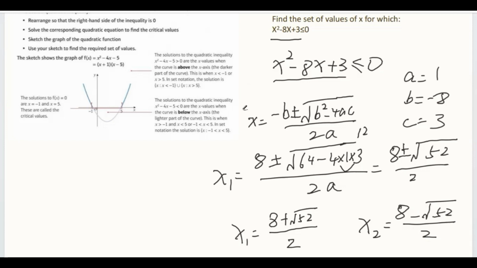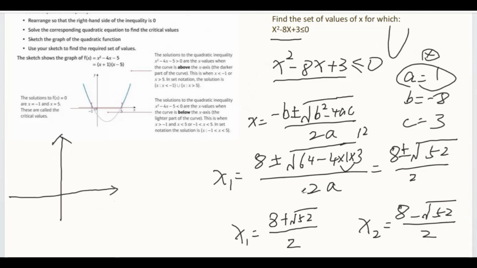And a here is positive, so the graph will be like this. So we sketch it. This is 8 minus the square root of 52 over 2, and this is 8 plus the square root of 52 over 2. These two intersections are the critical values.